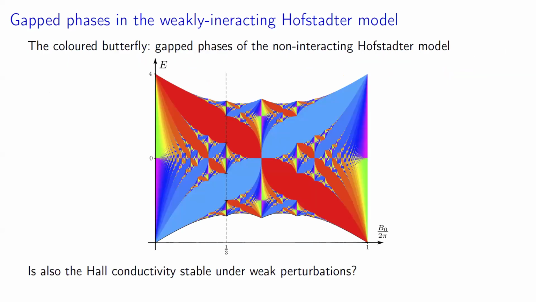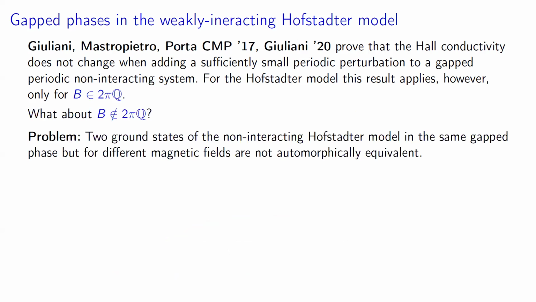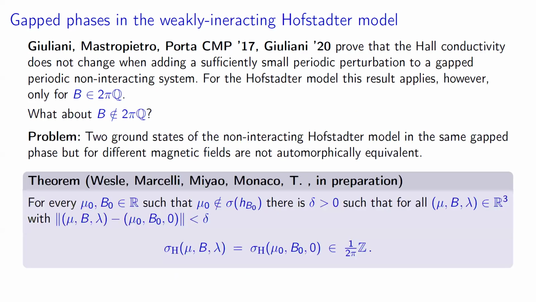And since irrational fields have been a huge thing in mathematical physics, I would like to add the statement that using our approach, we can actually prove that the Hall conductivity does not change. Lambda is now the parameter that adds a small perturbation, as I explained last time.